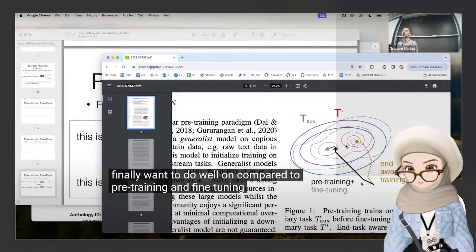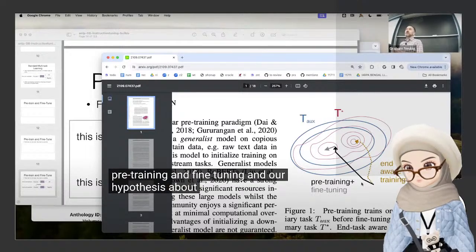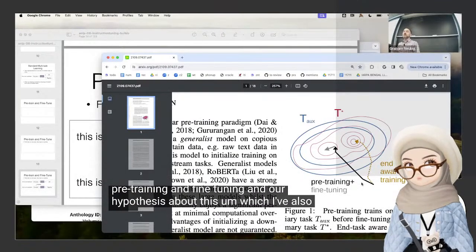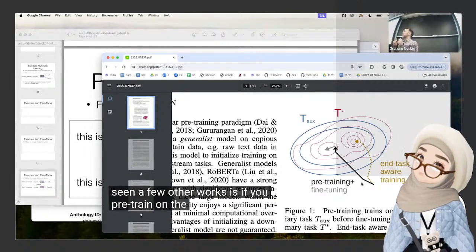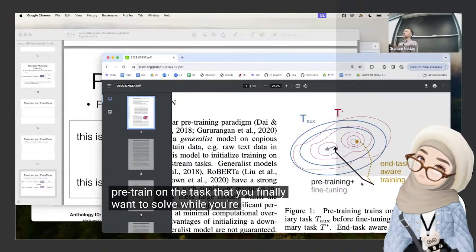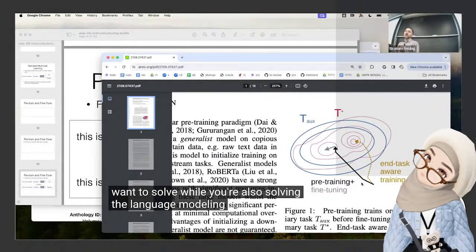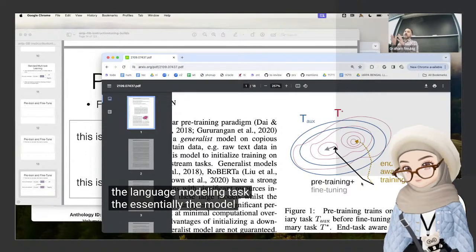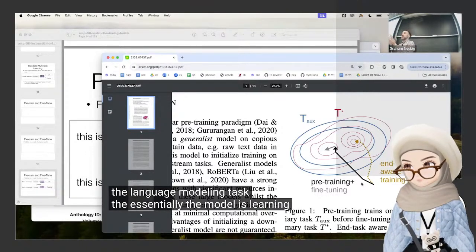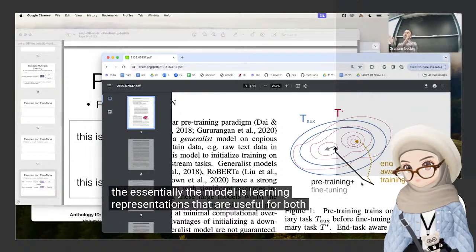The blue is pre-training plus fine-tuning. Our hypothesis about this, which I've also seen in a few other works, is that if you train on the task that you finally want to solve while also solving the language modeling task, the model is learning representations that are useful for both at the same time.